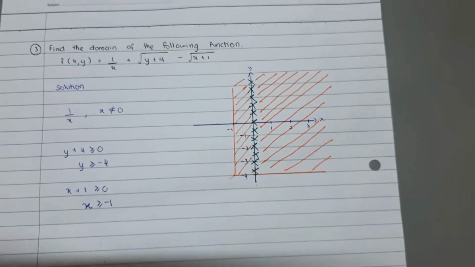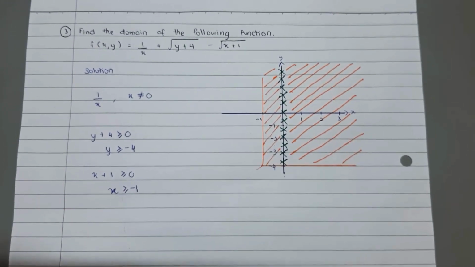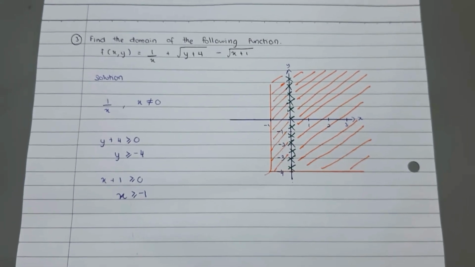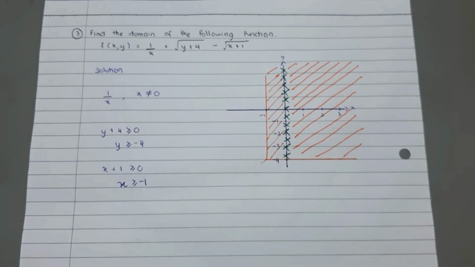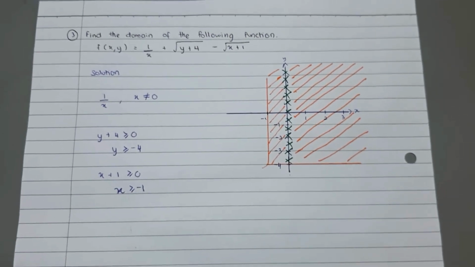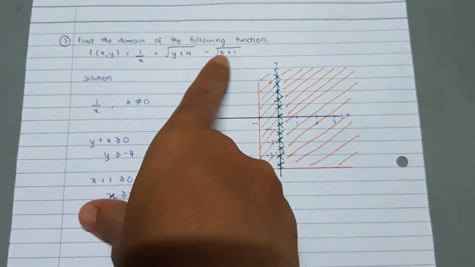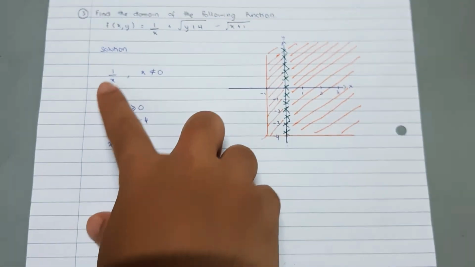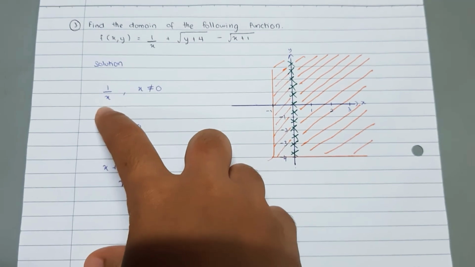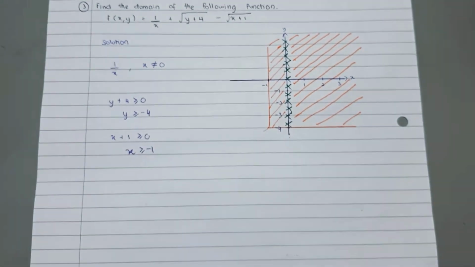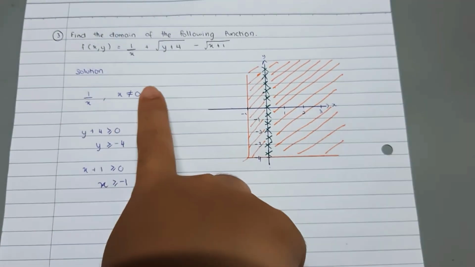So for example 3, the question is: find the domain of the function f(x, y) equal to 1 over x plus the square root of y plus 4 minus the square root of x plus 1. So we find the domain for each part of the expression. For 1 over x, we know that the denominator cannot be 0, so x cannot be 0.